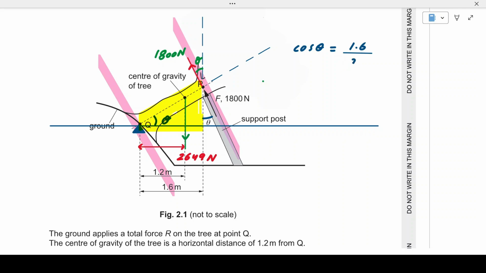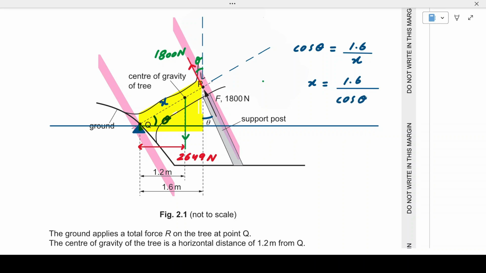What is the hypotenuse? We don't know. This is x, which means this distance equals 1.6 divided by cos theta.